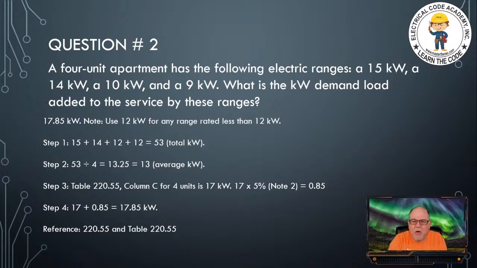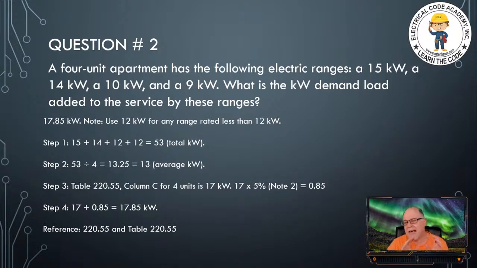So in this case, 13.25, you drop the 0.25, it's just 13. So it exceeds 12 kW by 1 kW. And you increase the value in column C 5% for every kW that exceeds 12 kW.